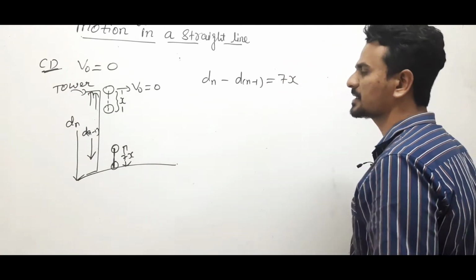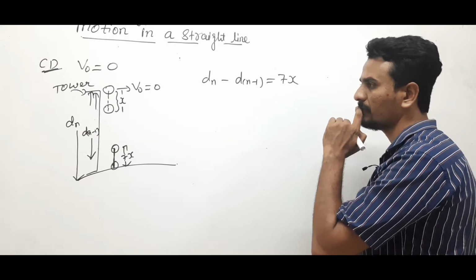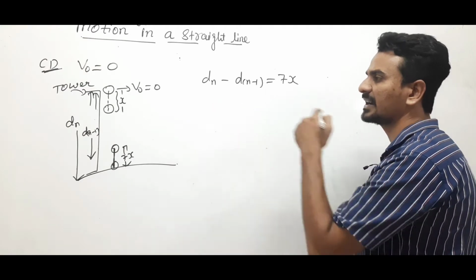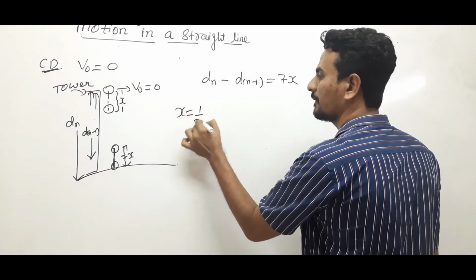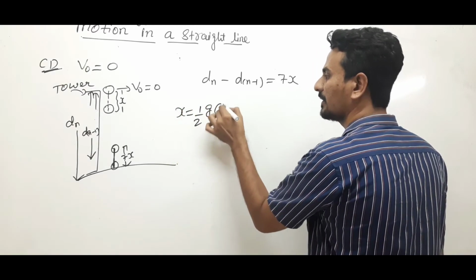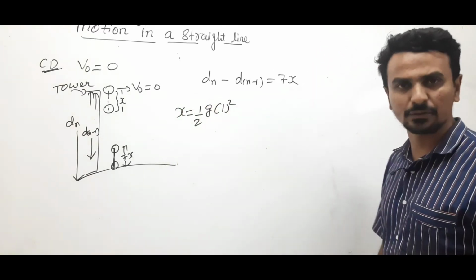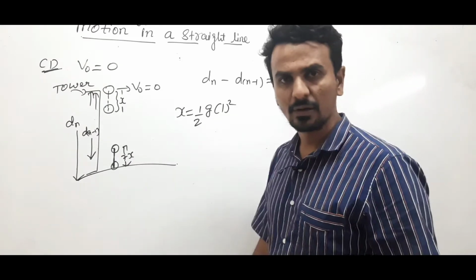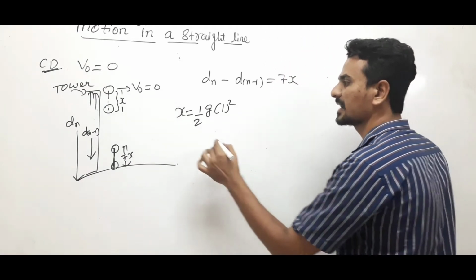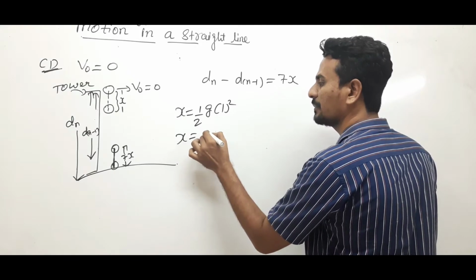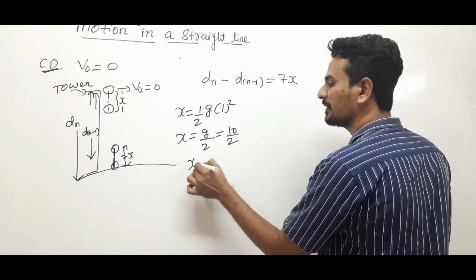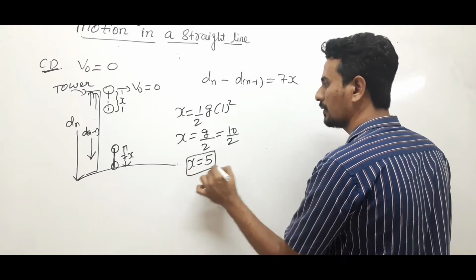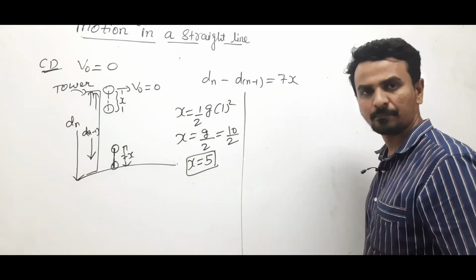First we can calculate x. x equals half g t square. Since v0 is 0, v0t will be 0, and time is 1 second. So x equals g by 2. Let us take g as 10, so 10 by 2. So x is 5.